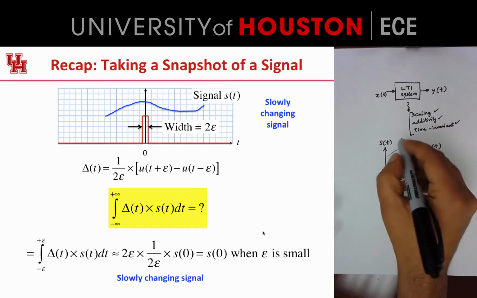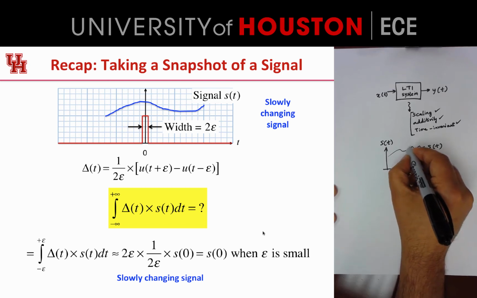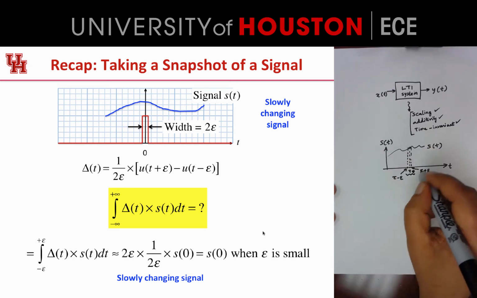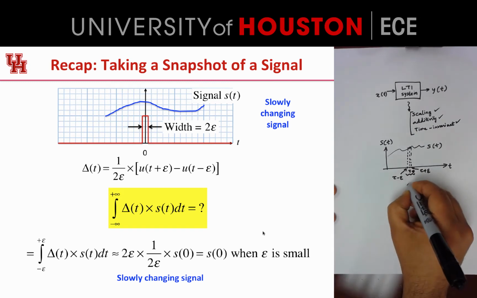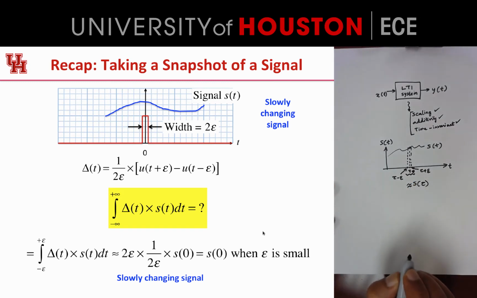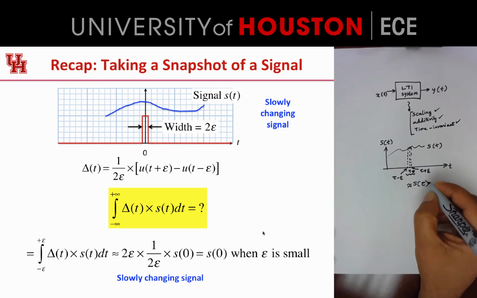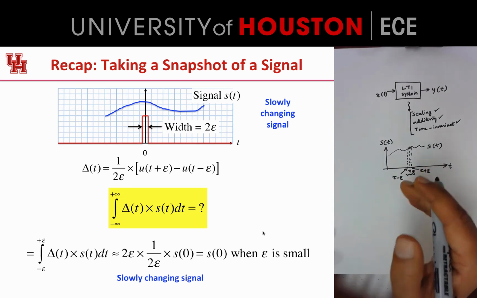What that means is that over this little interval, the signal can simply be represented by s of tau. It's a decent approximation because over that interval, it has changed very little. Now that doesn't mean the signal cannot change fast, right? So we're talking about slowly changing in the calculus sense. That means it has a finite slope. That's kind of what we're talking about, right? It doesn't have any crazy jumps.